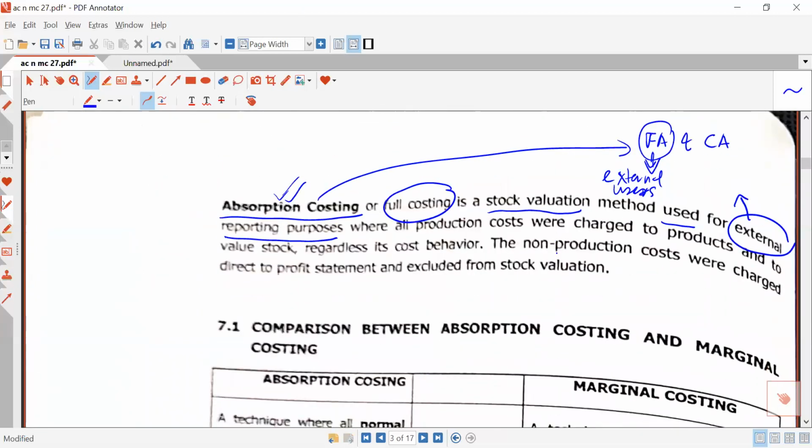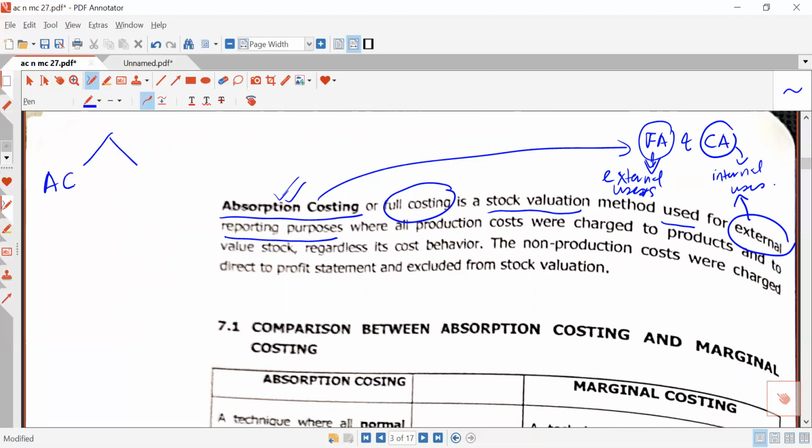This is for the cost accounting in your first chapter, where any calculations that you do for cost accounting are for internal users. So basically in this chapter, we have two methods.